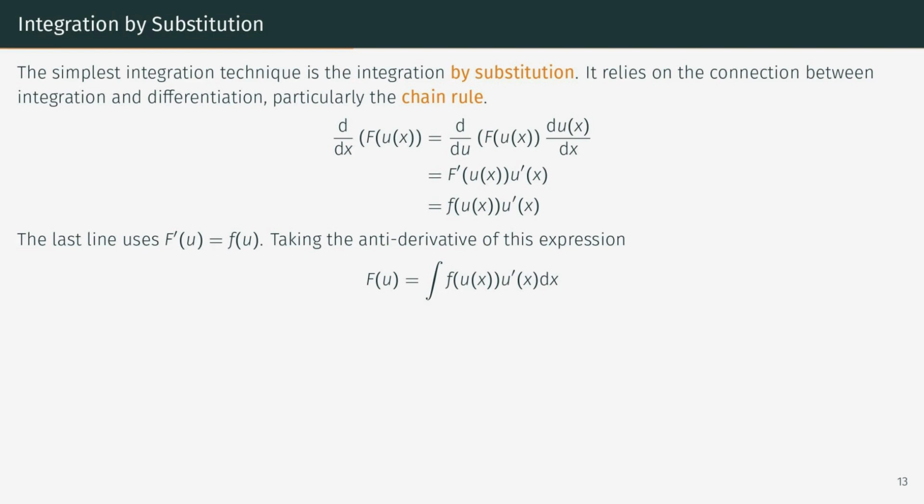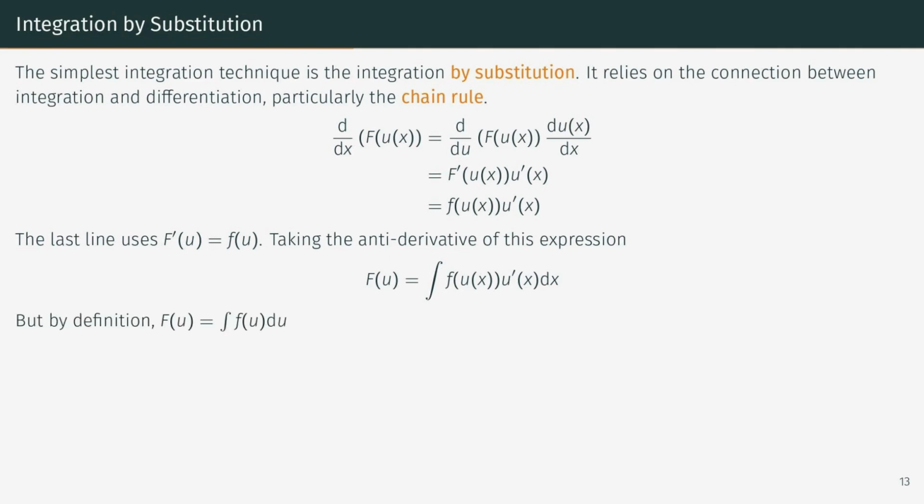Taking the antiderivative of this expression leads to F(u) equals the integral of f(u(x)) times u'(x) dx. But by definition, we know that F(u) equals the integral of f(u) du.